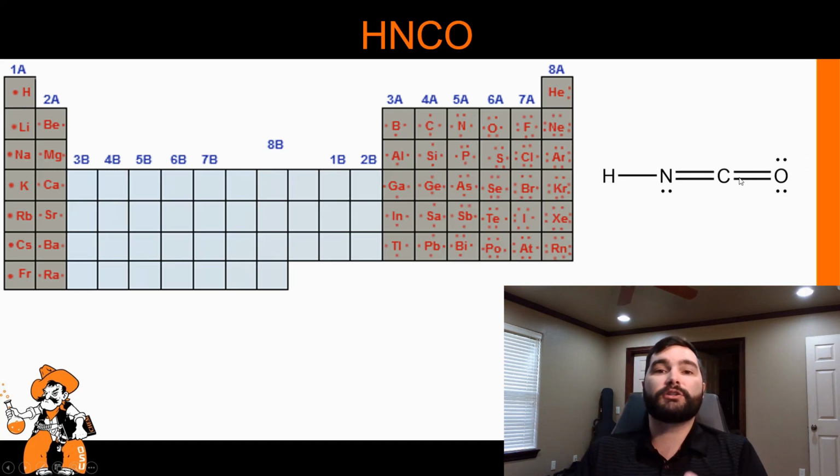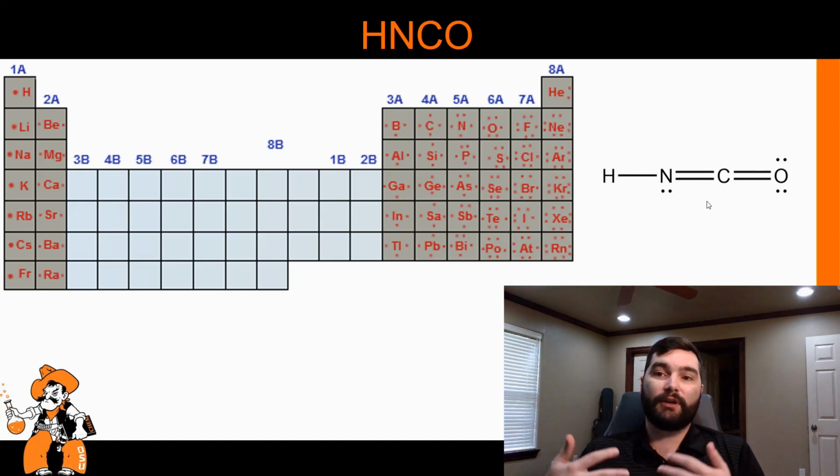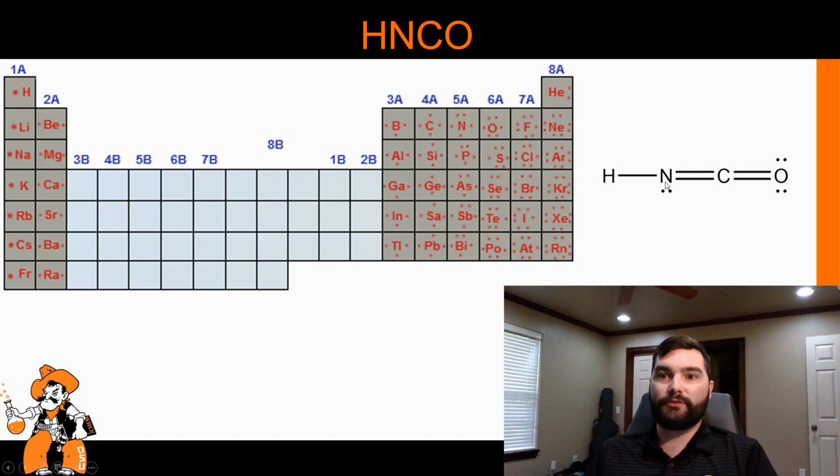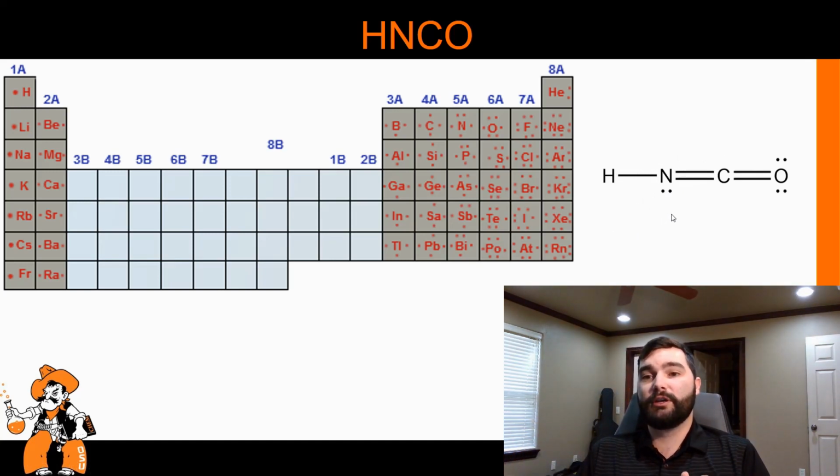Okay, so the electronic geometry around that oxygen is trigonal planar. Around your carbon atom, you only have two electron regions, so around the carbon, you have linear electronic geometry. Around the nitrogen, you have two bonding regions, one lone pair. So you have trigonal planar electronic geometry, but the molecular geometry around this is bent.